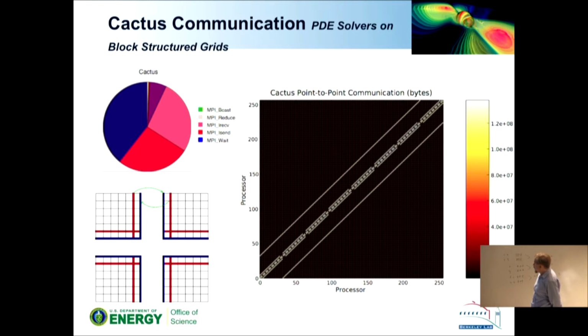This is looking at communication topology in a simple block-structured code that's colliding supernovas together, called Cactus. And in the kind of ubiquitous pie chart up there, we see we have a lot of time spent in MPI_Wait and some in reduce. So amongst these 256 tasks, the white bands here are the tasks that communicate with one another.